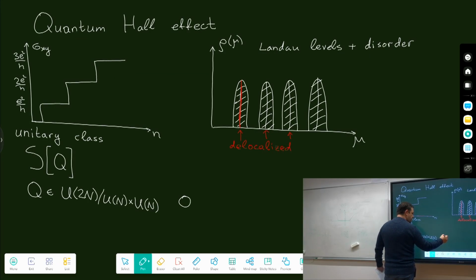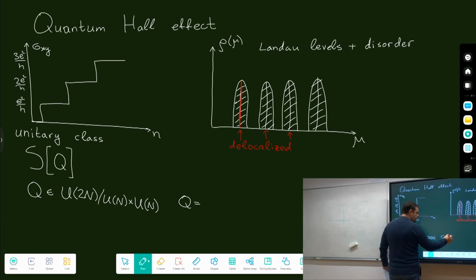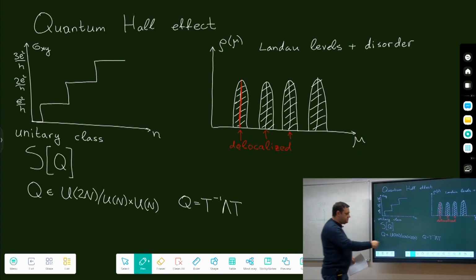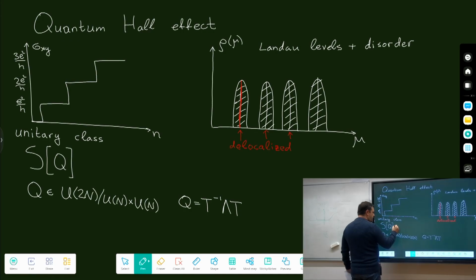And the Q matrix can be represented as the rotated matrix lambda, and T is just the unitary matrix. So the action is an integral over the two-dimensional space.